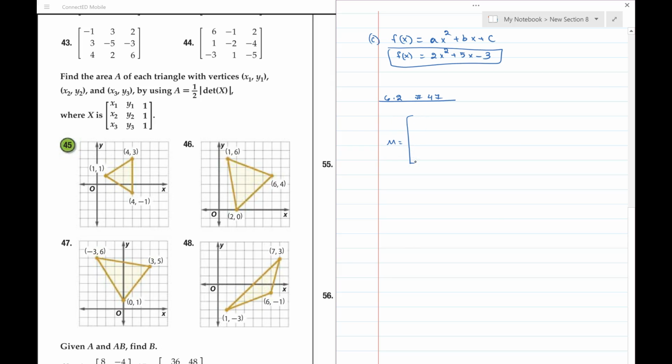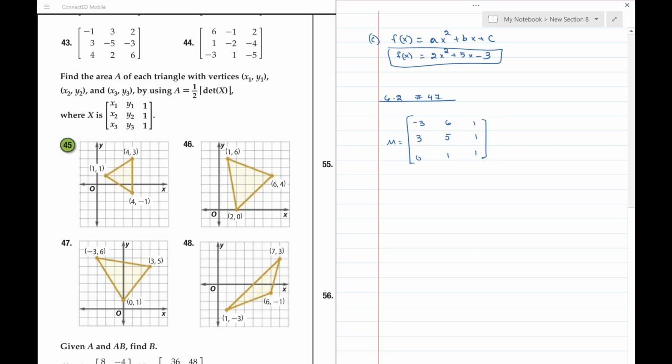So what you do is you list the 3 vertices. So -3, 6, and these become the first 2 columns of your matrix, 0, 1. Now, I need to make this a 3 by 3 matrix. I have 2 columns. I need a 3rd column. For the 3rd column, in order to find area, you always put in 1s.